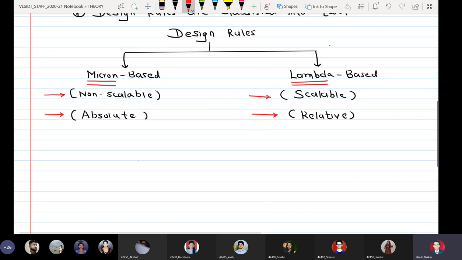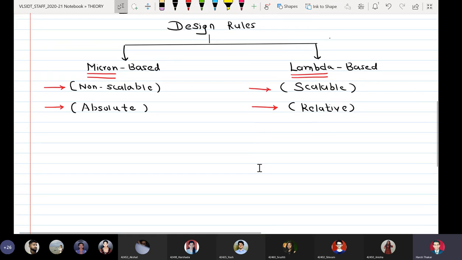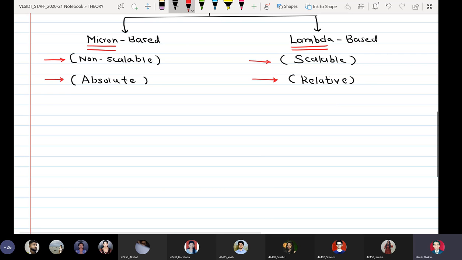Why do we say Lambda-based rules are scalable? We know this when we got introduced to the tool Microwind. We saw that from the scale given on the top left corner of the user interface of Microwind tool, we get the value of lambda, and 2 times the value of lambda is the technology.